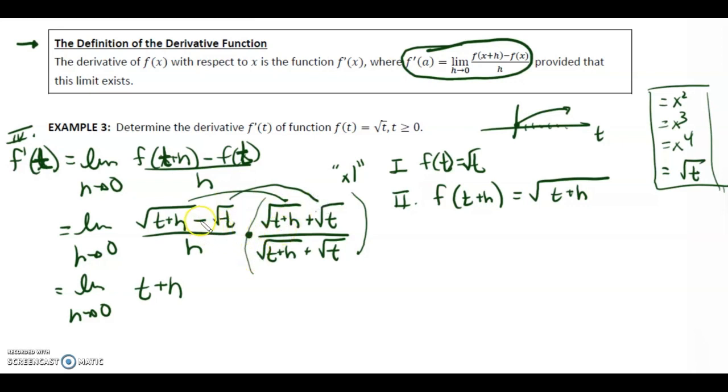So we're going to have negative root t times positive root t. We're going to have negative t. Again, if we have the same number underneath the radical sign, that radical goes away and we just take that number. And this is all over h. You don't have to expand this. We're going to have t plus h plus root t.